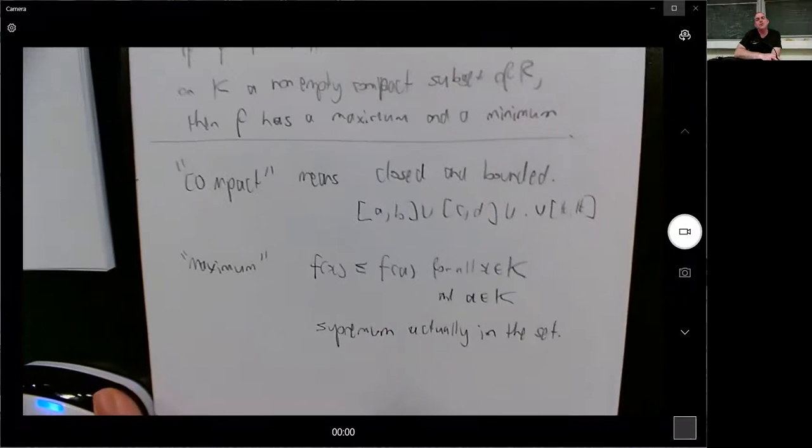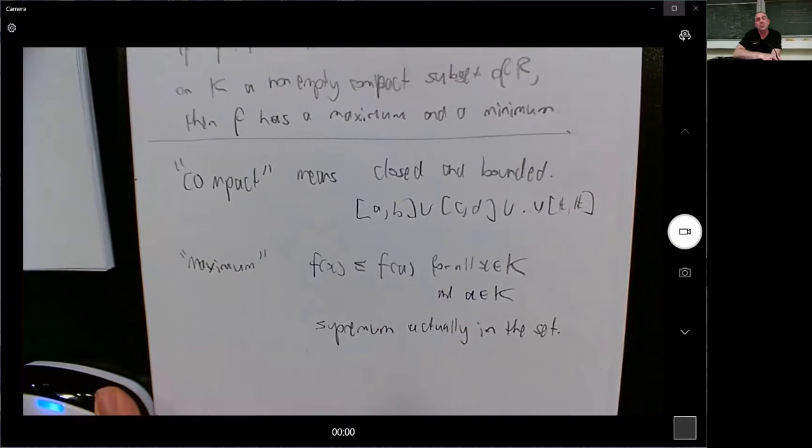So back when you first learned about local maximums and minimums, probably in year 11 or 12, a local maximum is a point whose function value is higher than all the points nearby. But an actual maximum is a point whose function value is higher than all the function values everywhere that you're allowed to evaluate the function.